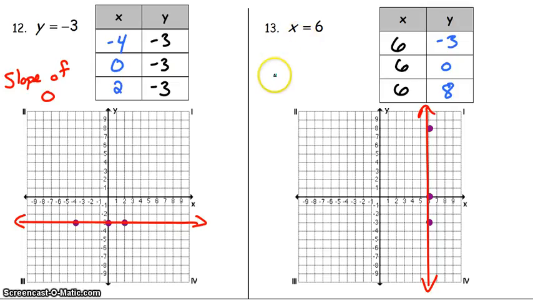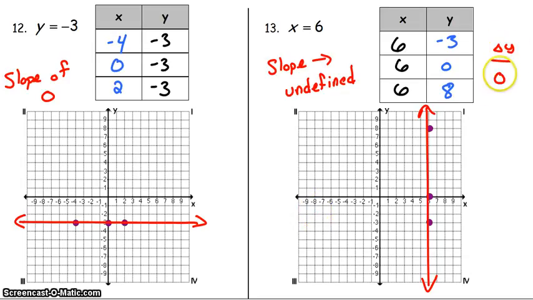A vertical line has a slope that is undefined because your x change is 0. So in this case you would have a y change over 0, can't have 0 in the denominator. Here you would have 0 over a change in x. That's 0.